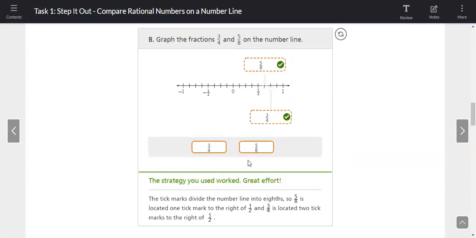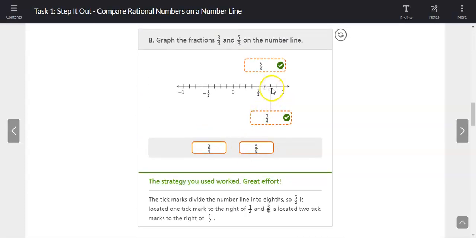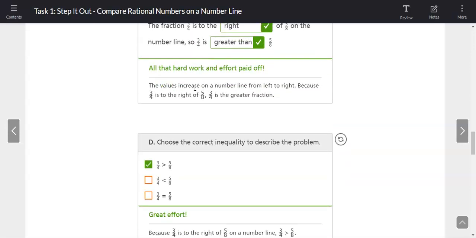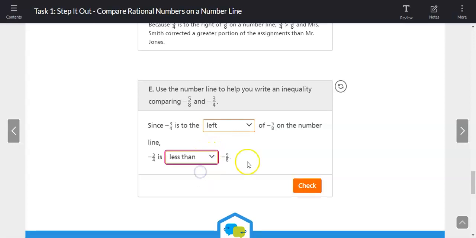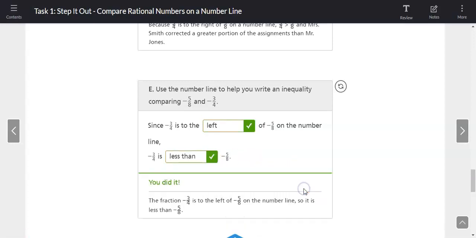So if we look at our number line, positive 3/4 is here. So negative 3/4 would be right here. Negative 5/8 would be right here. So negative 3/4 is farther to the left-hand side. Remember, numbers on the left are less than.